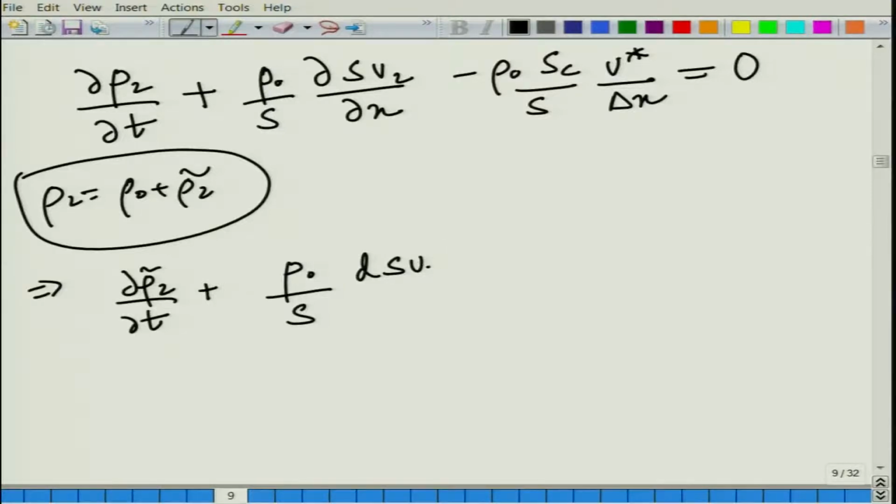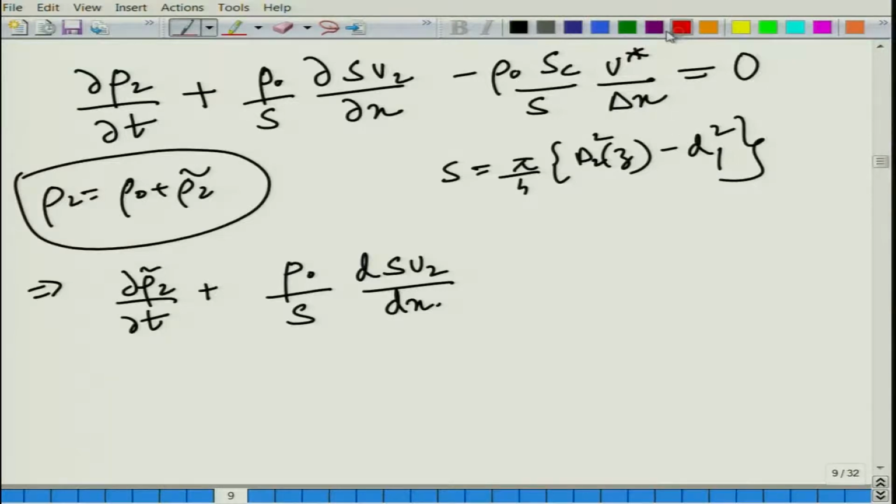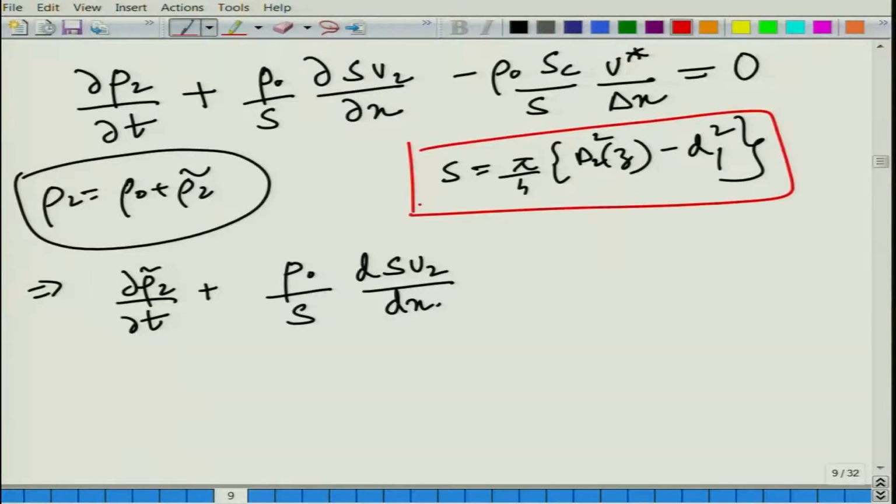Now, S here is different from the one in duct 1. So, S is nothing but pi by 4 (d2 square minus d1 square), you have this kind of a thing. So, let's quickly simplify the algebra.